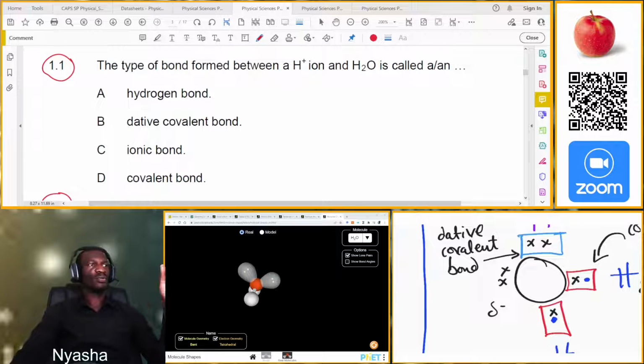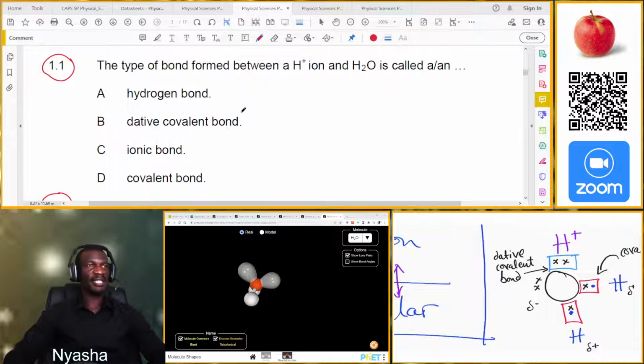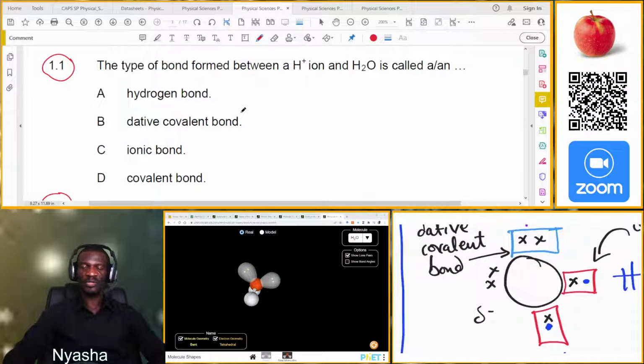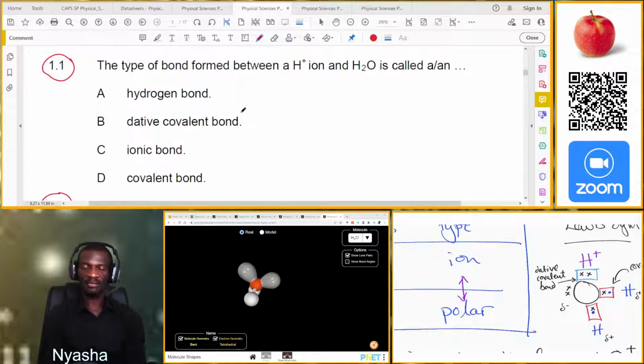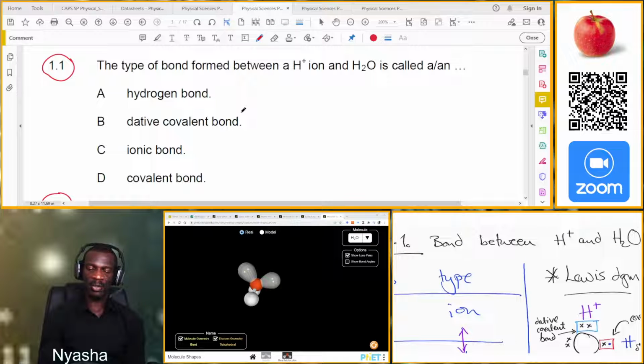Let's hope that you can easily remember that exercise, which basically brings us to the end of the first question for the 2016 paper. It's very important for you to build your answer logically.